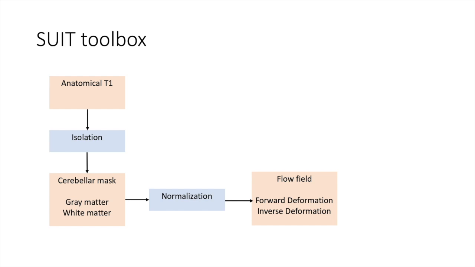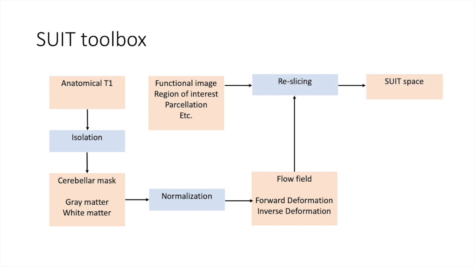At this point, depending on your scientific question, you can use the reslice function on different kinds of images. For example, you can take a functional image of cerebellar BOLD activity and reslice it into SUIT space to perform a group analysis. Another approach is to take a region of interest that was defined in SUIT space and take it to the native space to localize such ROI in each subject.